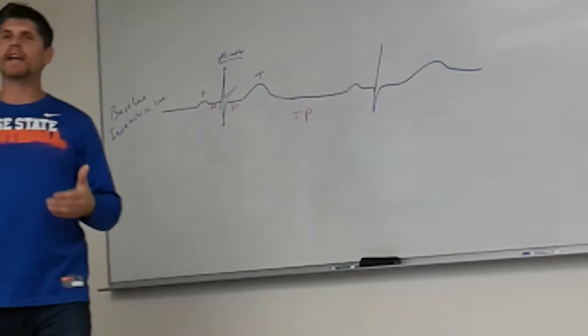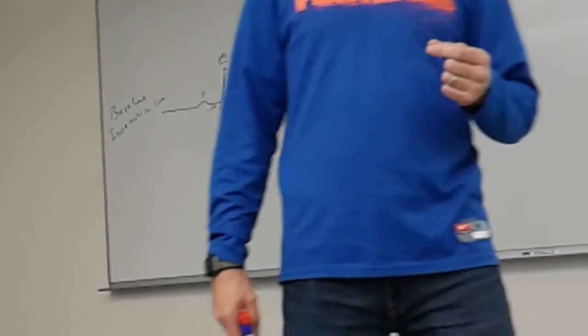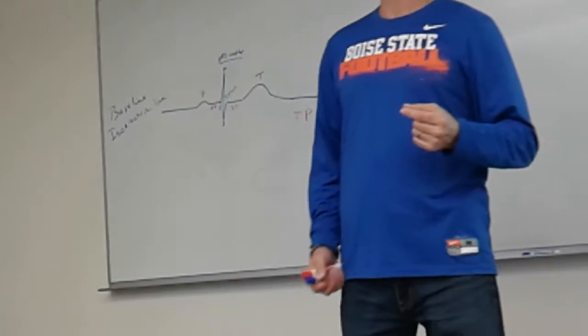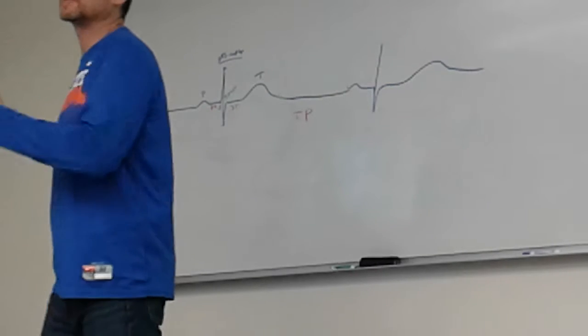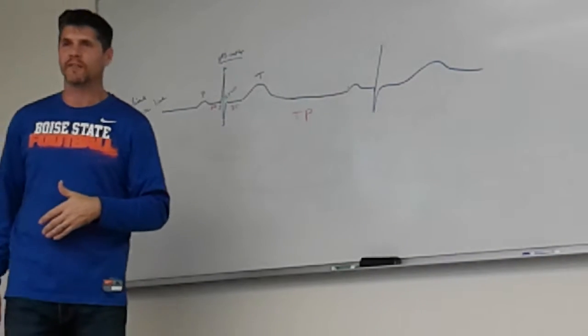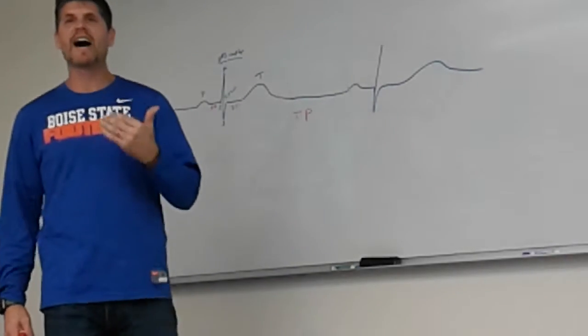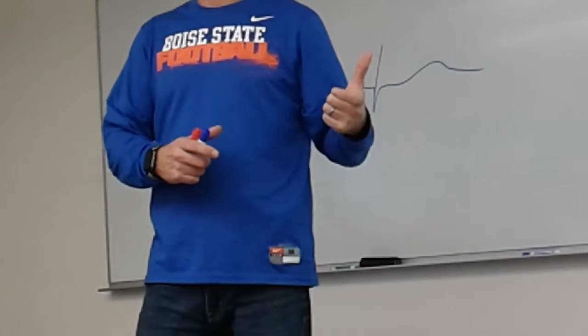Why it's important to do that is because some of our waves and some of our segments won't be on the isoelectric line like they're supposed to be, which in fact is something we need to note, because that's something that we're looking for, or something that defines what the problem is that that patient is having. If a segment or a wave is not on the isoelectric line when it's supposed to be, that tells us something.